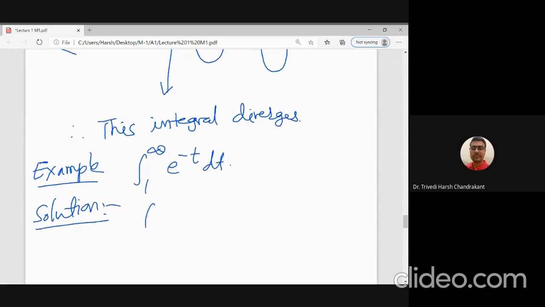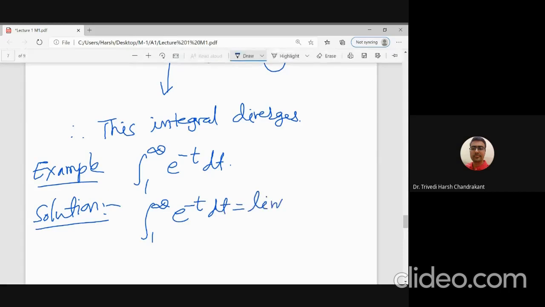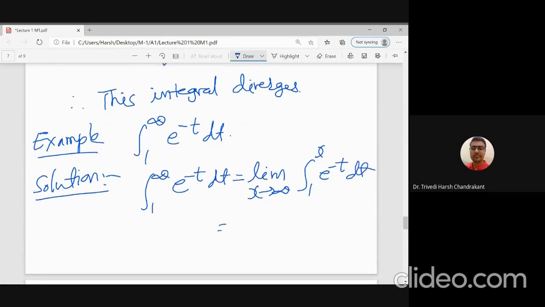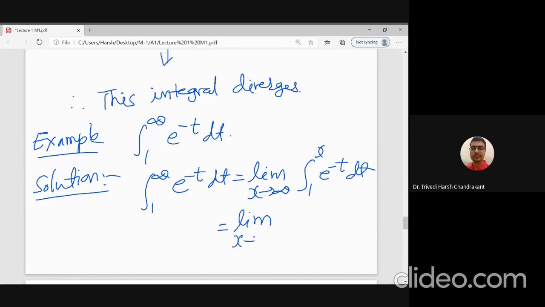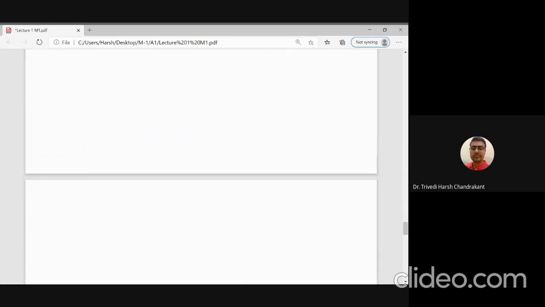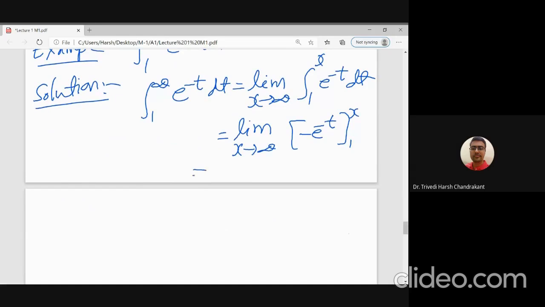This is the limit as x tends to infinity of the integral from 1 to x of e power minus t dt, and then we can integrate this function. So the integration is minus e power minus t from 1 to x. We have to be careful with the sign.